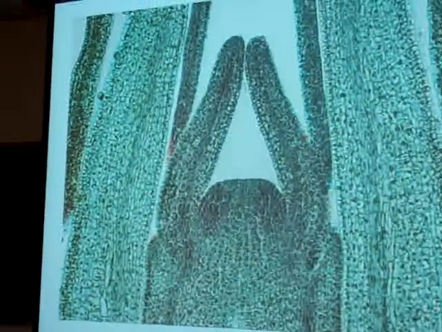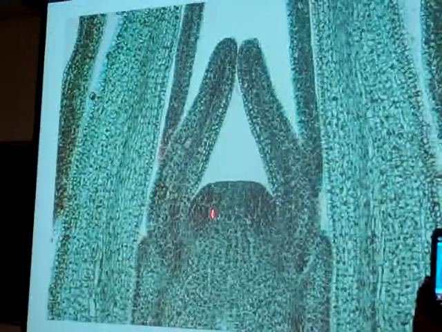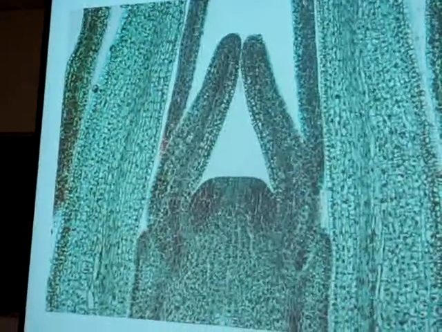Here's another view of the same thing. We talked about right at the very top, that would be the meristem, and then they're going to specialize into ground, dermal, and vascular tissues.